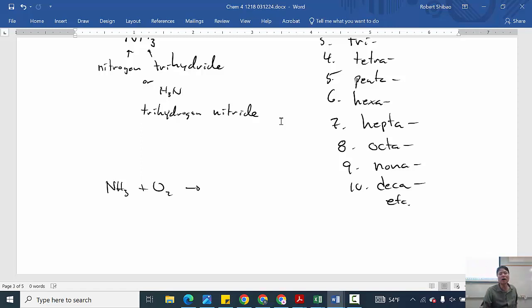Rather than forming oxides of carbon, when we burn ammonia, we're going to form oxides of nitrogen. Oxides of nitrogen are called NOx. NOx are very dreaded because in the old days when you went for a smog test, they used to stick the detector in your exhaust pipe and then measure how much NOx emissions you have. And you know what NOx stands for? This stands for oxides of nitrogen.